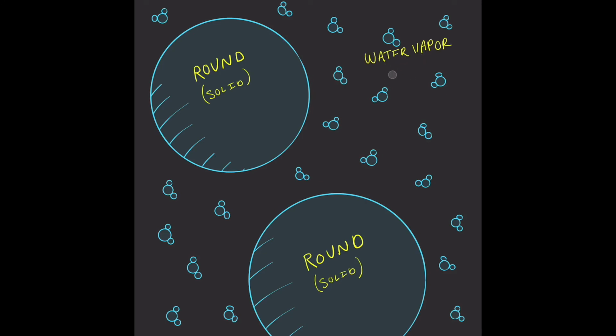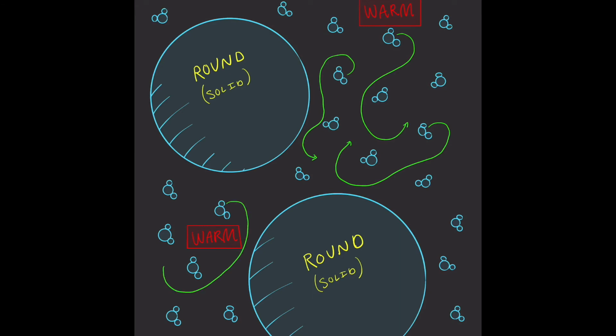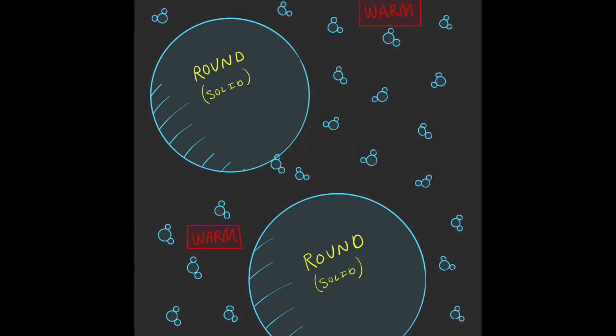Now, if rounding is actively occurring, then the upper and the lower portion of the snowpack is pretty warm, which means that the water vapor is free to move throughout the snowpack. As water vapor moves between these two adjacent rounds, some of it will inevitably be deposited on the surface of the rounds as solid water.